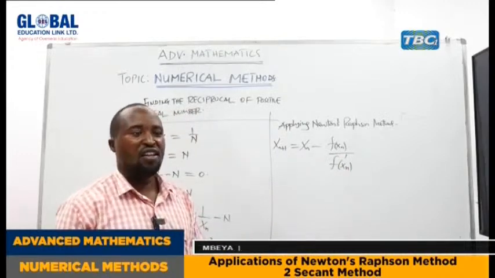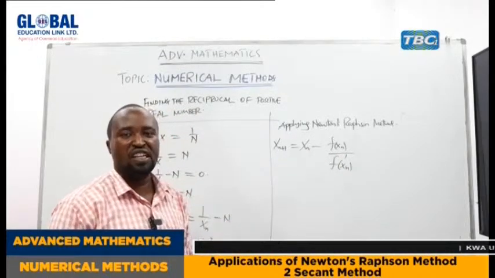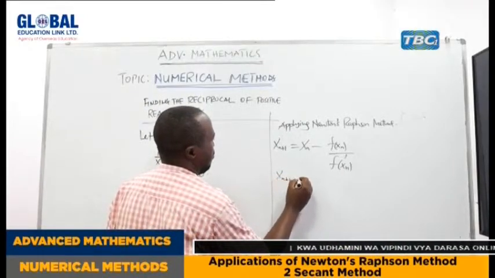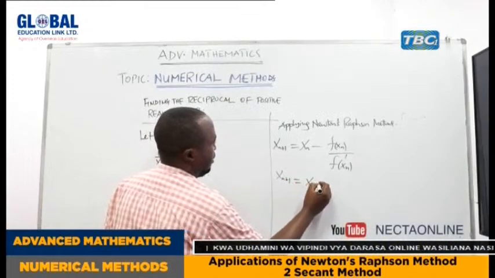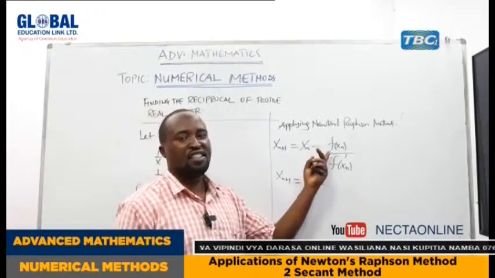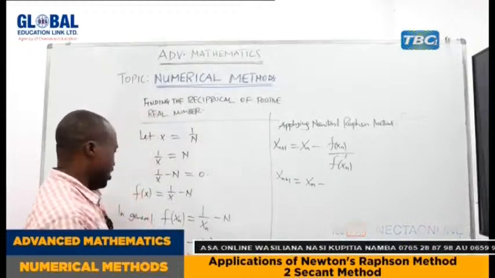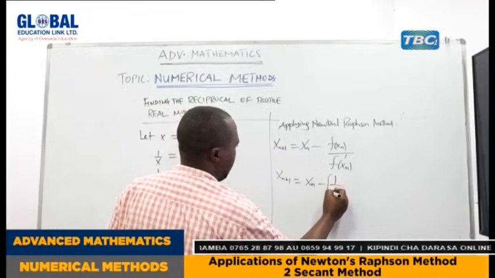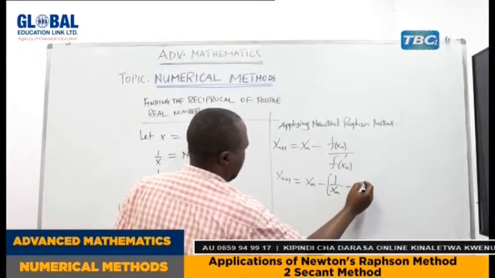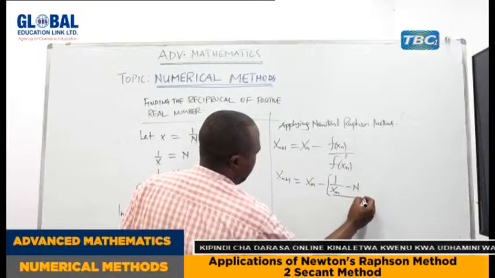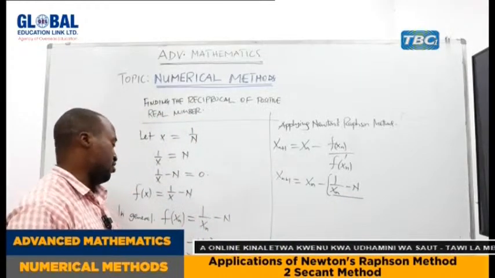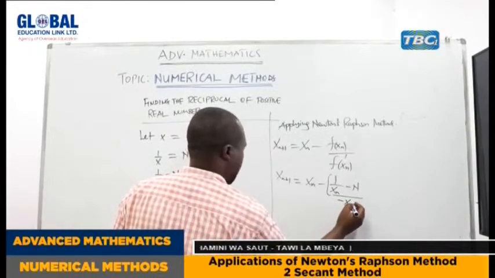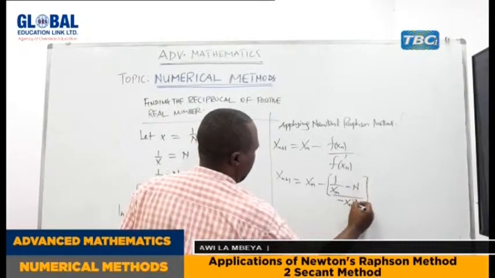So that is the general formula for the Newton-Raphson method. So xn plus 1 will be equal to xn minus, now f of xn, that is your function, 1 over xn minus n, over, then it is the derivative. The derivative is negative xn power negative 2.